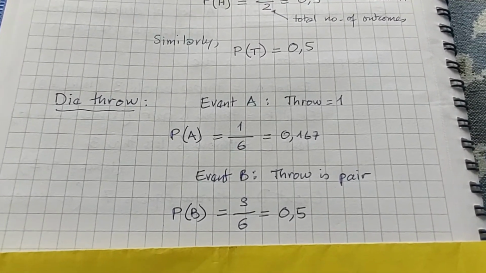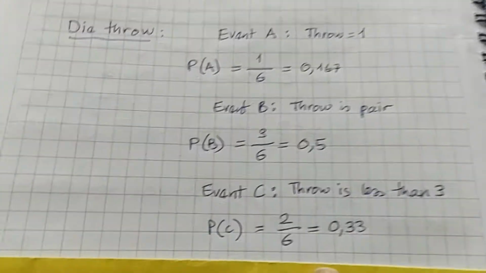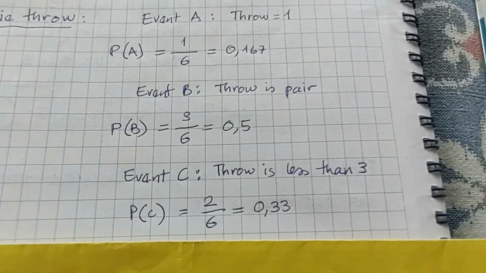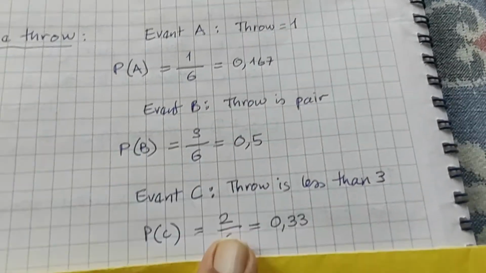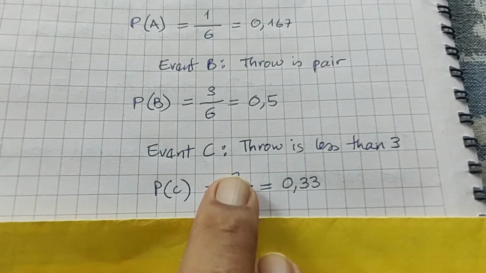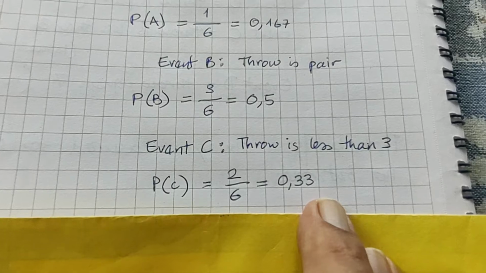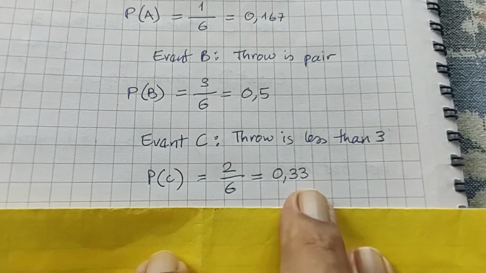Okay, so if we have event C, throw is less than 3, then only outcomes 1 and 2 will make up event C. So you have 2 outcomes out of a total of 6 outcomes, and you get 0.3333. So the probability of this event is 1/3.